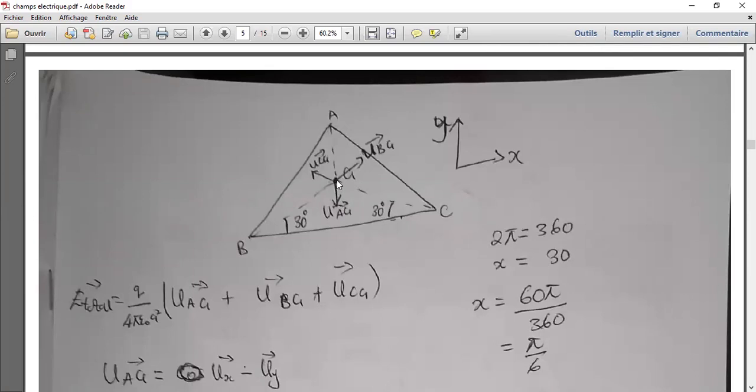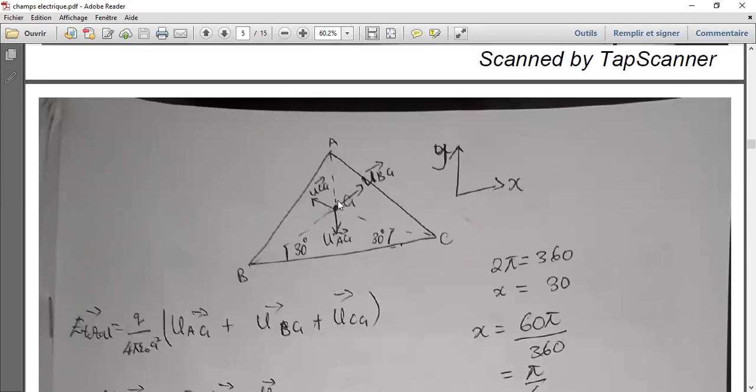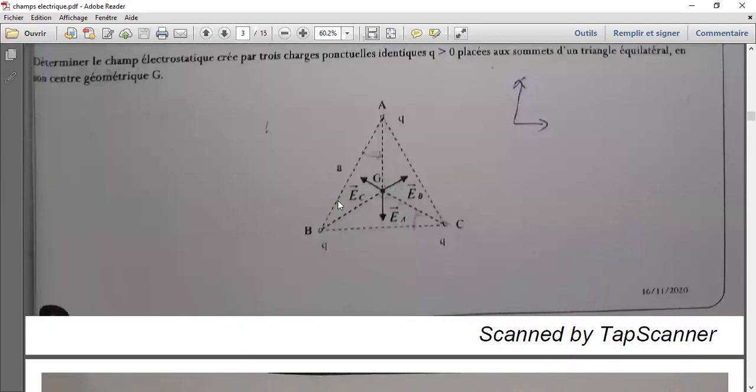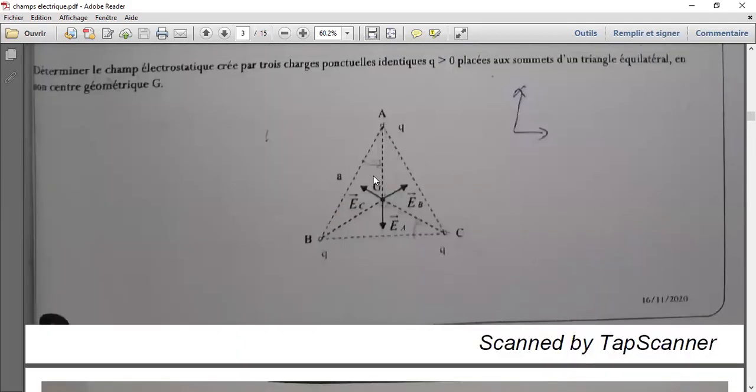Here you have seen that G and A are of the same sign, because there is a repulsion taking place, and you are creating a vector which is going outside according to our diagram here. So there's a vector which is created by A, which is going outside.